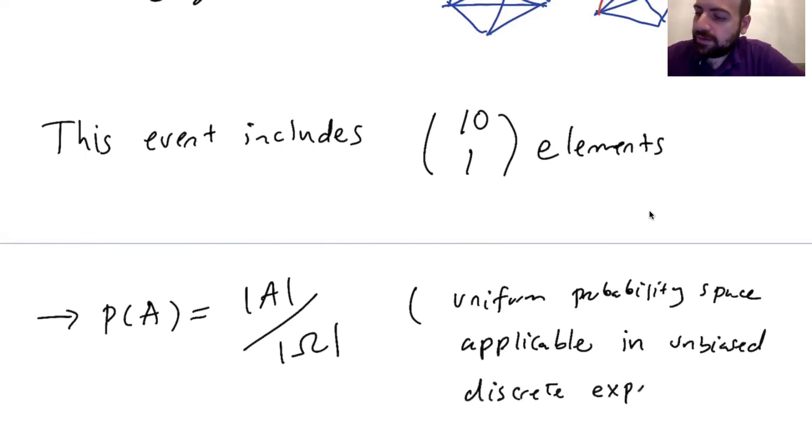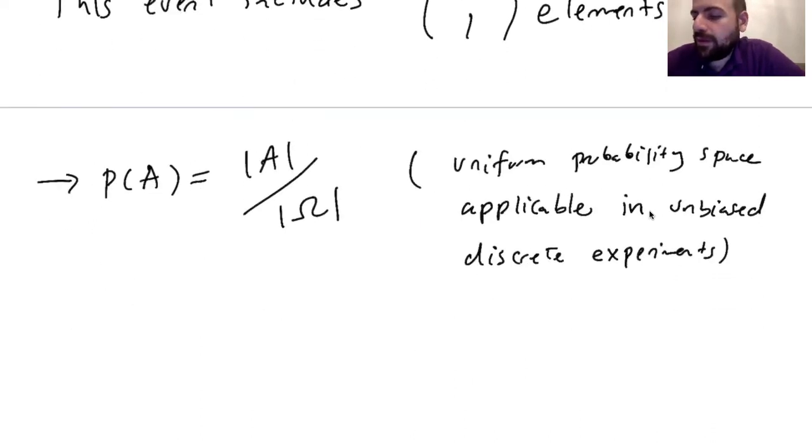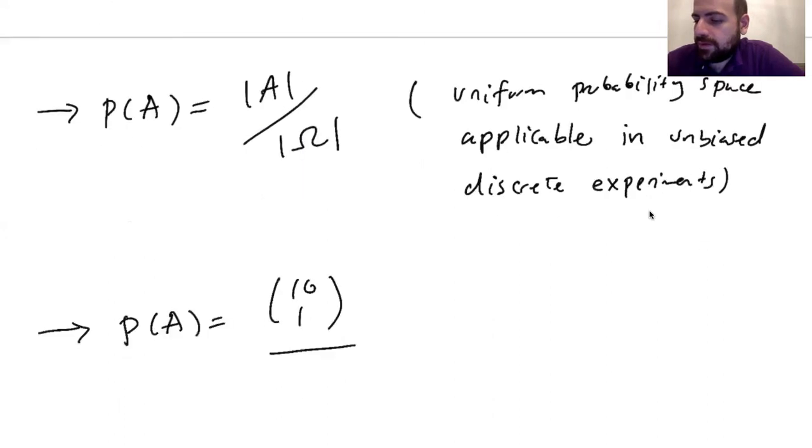So we said that if you have an unbiased experiment and it's discrete, we can use this formula. And then P of A is equal to 10 choose 1 divided by 2 to the power 10.